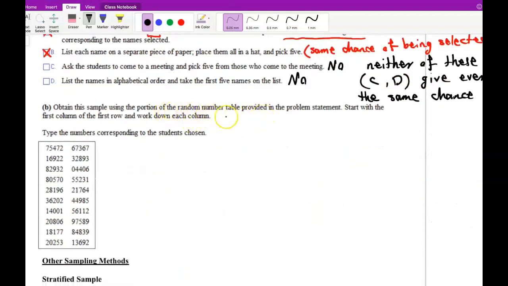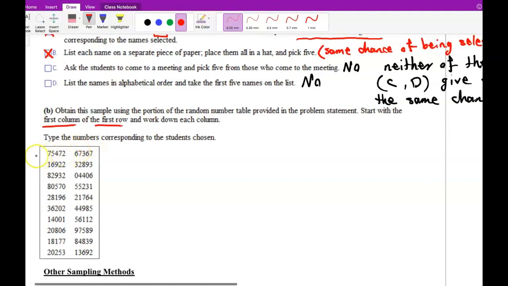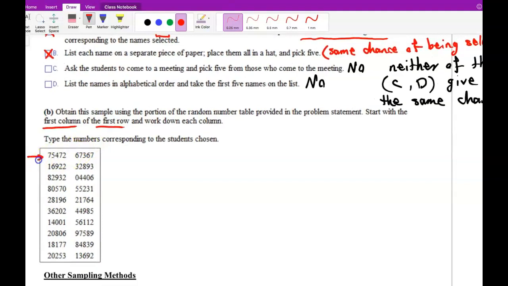Okay, the random number table provided in the problem statement, start with the first column of the first row. Starting first column of the first row. So it's that one. And work down each column.